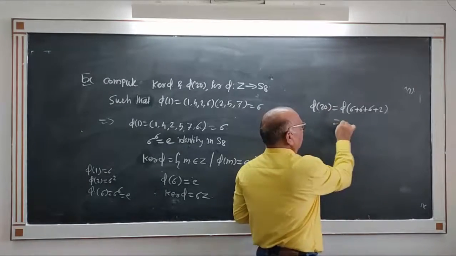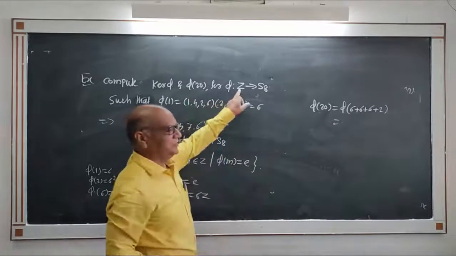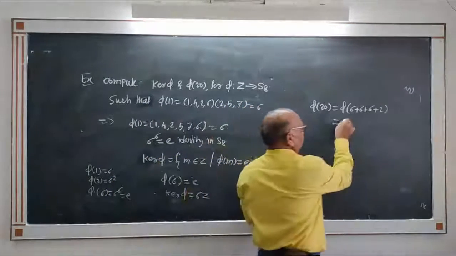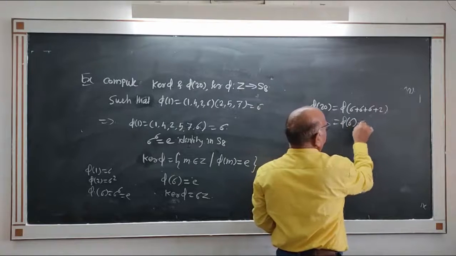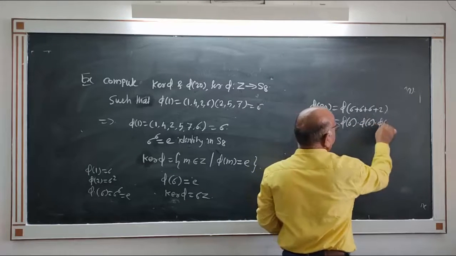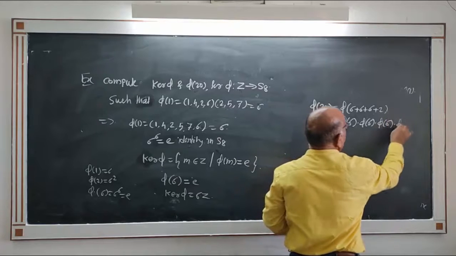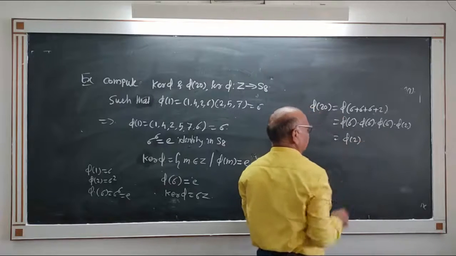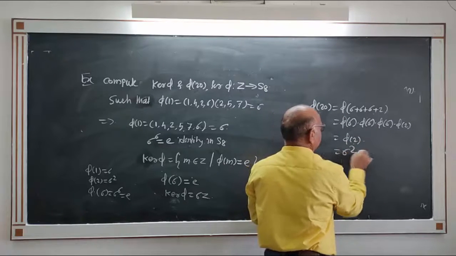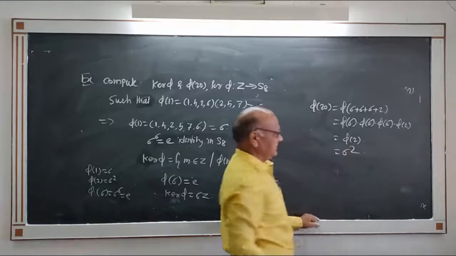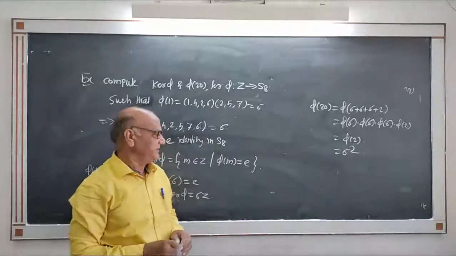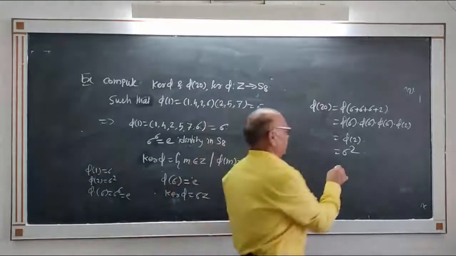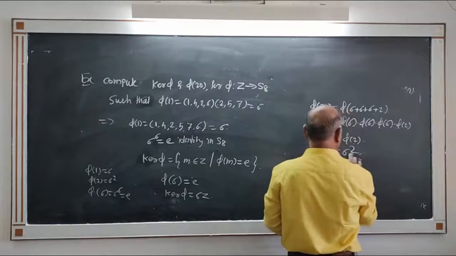Use the homomorphism: in this group the operation is addition, in this group the operation is multiplication. This is phi of 6 into phi of 6 into phi of 6 into phi of 2, and these are identity. This gives phi of 2, which is sigma square.